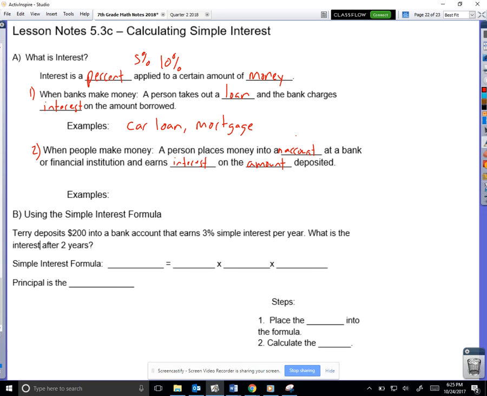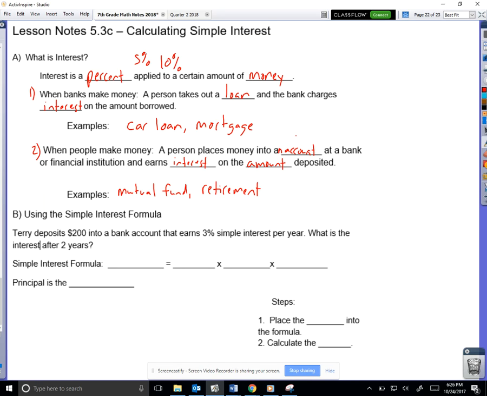So they put money into the bank, and then they get some money back. You may have heard terms such as mutual fund, where you put money into a financial institution and you get some money back. A lot of people save money for retirement. That money goes into a bank or some financial institution so that they can make more money and have more for retirement, or they make money with a mutual fund.